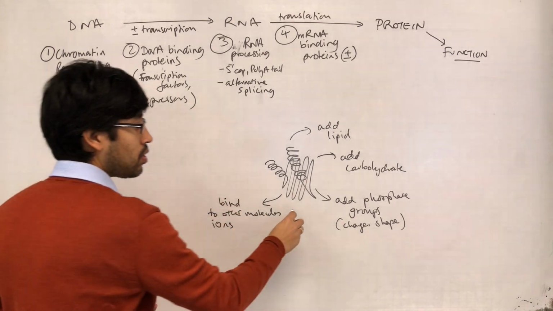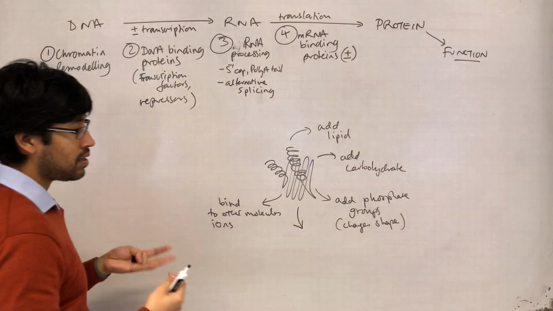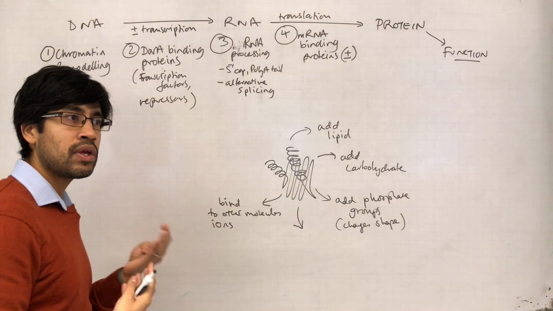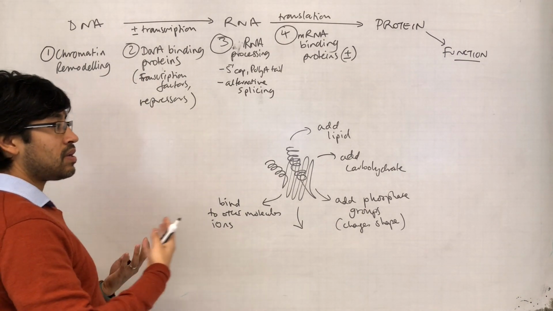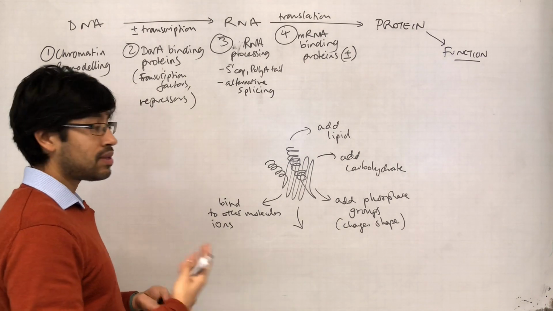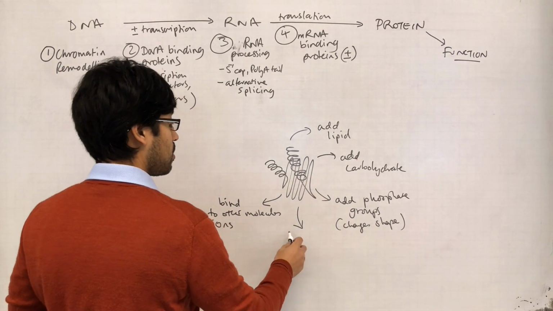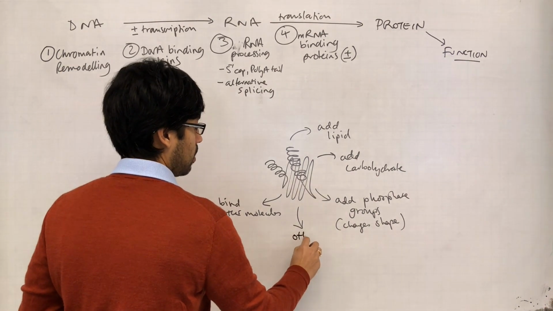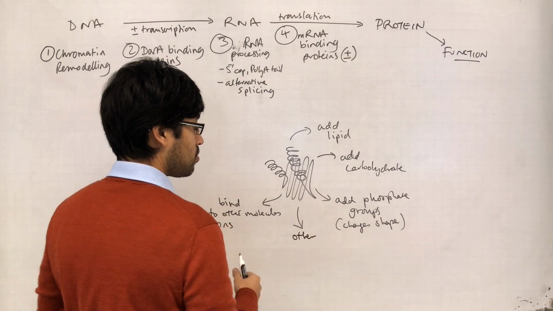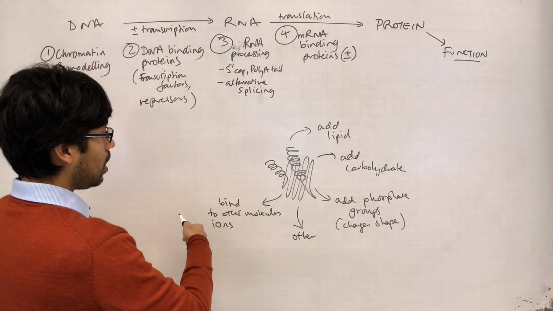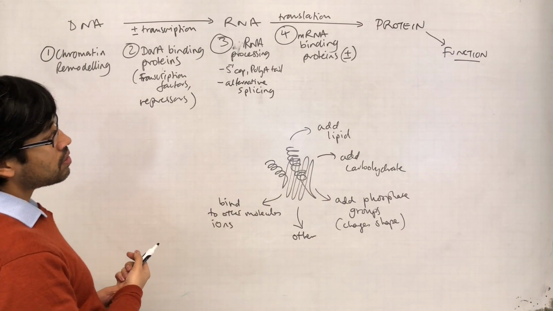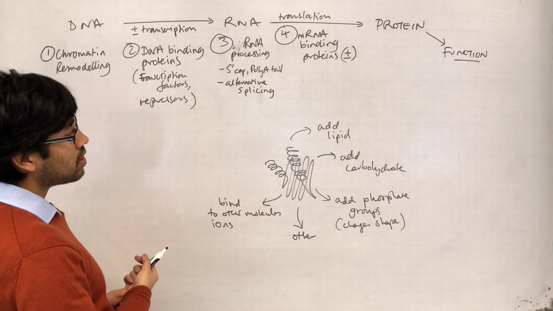And we looked at in the nervous system, we had ion channels, and the ion channels' function was being affected by voltage, etc. So many other things. We'll just put other. Proteins are sensitive to many things, and all of those things can affect their function. Binding to other molecules and ions.